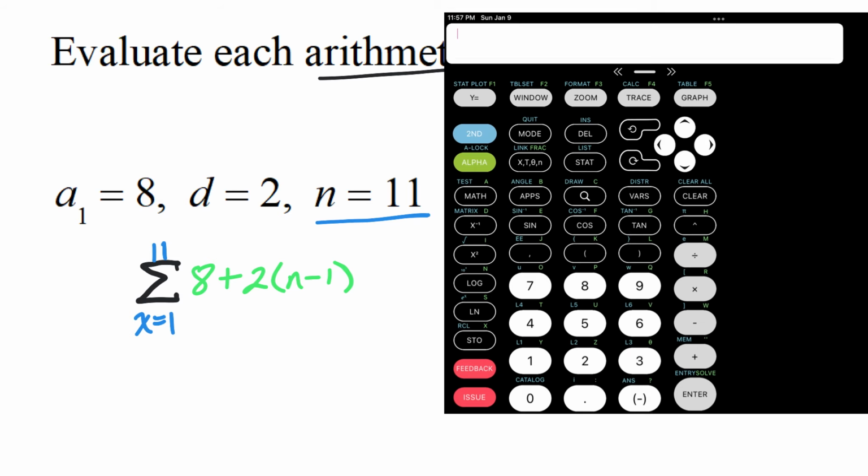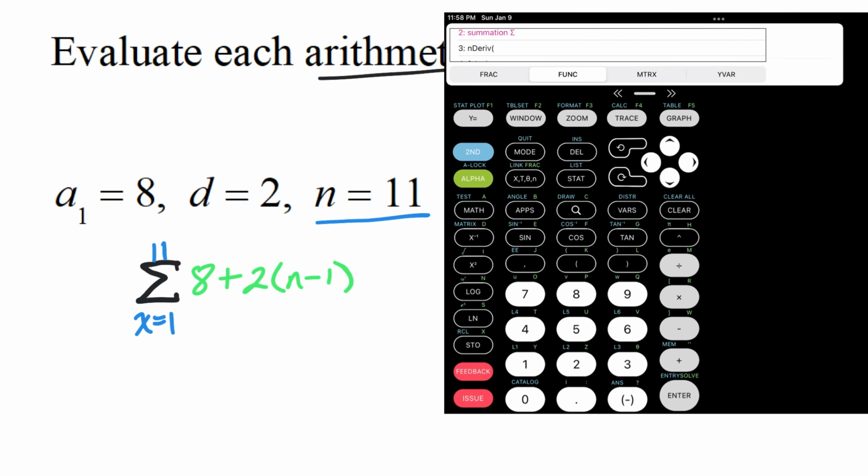So you can see we're going to run this through our explicit formula. So as we walk through this, I'm going to hit alpha F2, and then the second option is summation. There we go, summation. We are doing the first to the 11th term in the series.